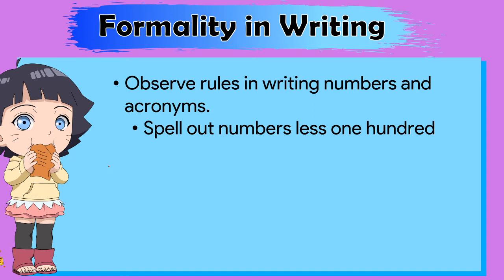So for example, instead of writing just 26, you should write the whole word, twenty-six. Instead of writing 40, just the number 4 and 0, you should write the complete word, forty.